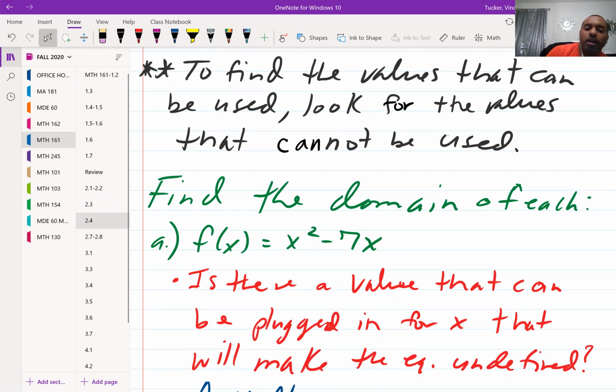So they want us to find the domain of each. When you're looking at domain, ask yourself, is there a value that can be plugged in for x that will make the equation undefined?